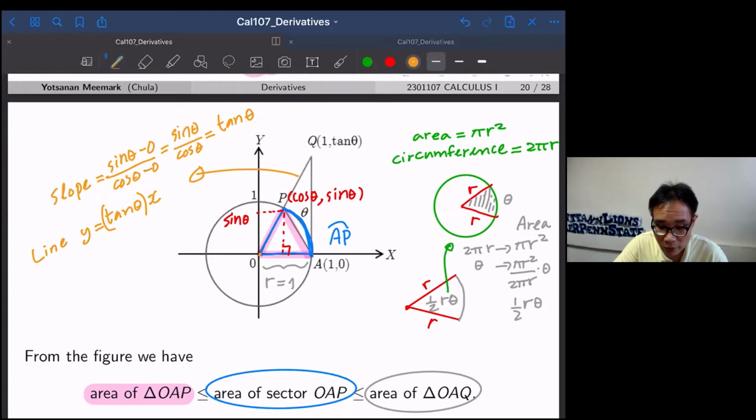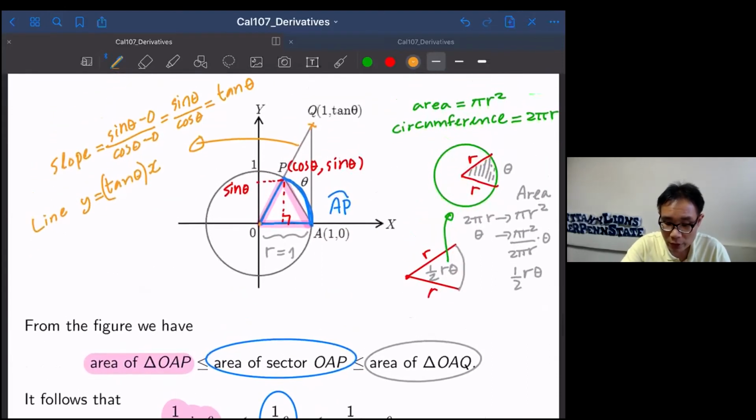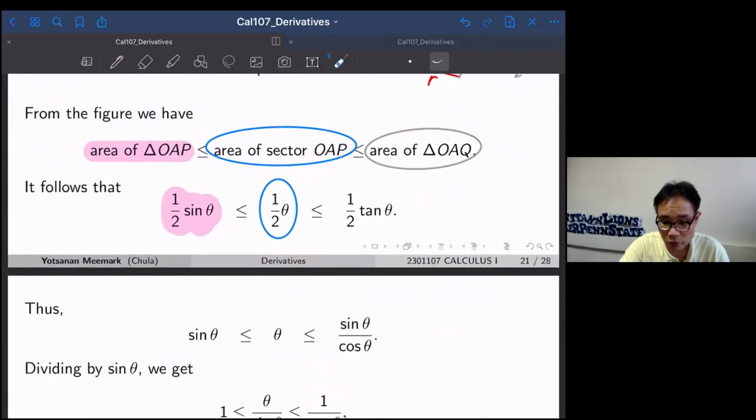When you put x equal to 1, you're going to get Q, and it's going to be this point (1, tan theta). So in this case, the area of the triangle OAQ turned out to be 1/2 tan theta times 1. So it's going to be 1/2 tan theta.